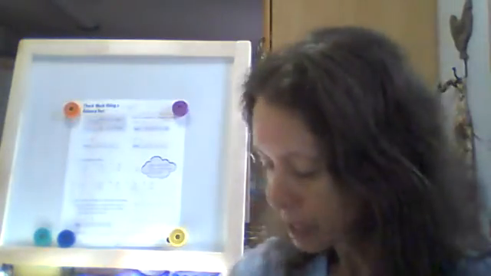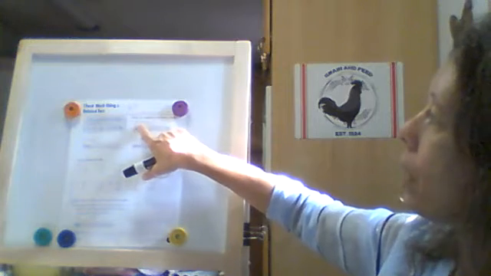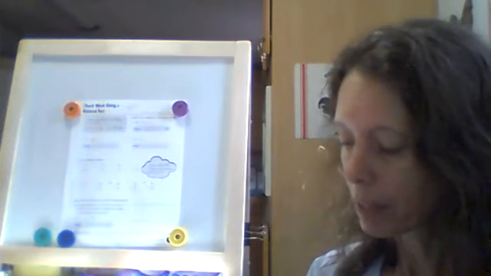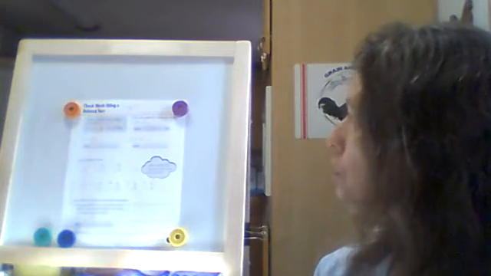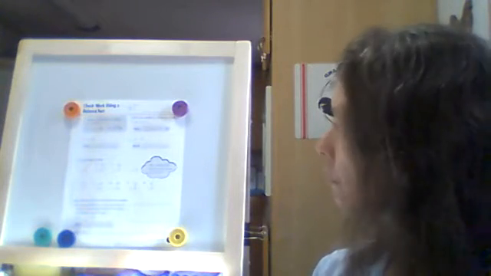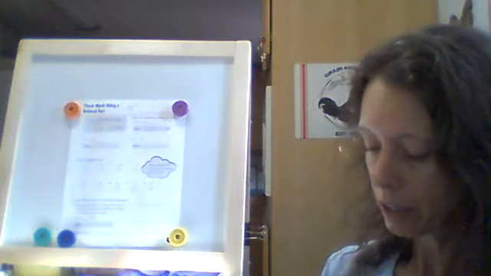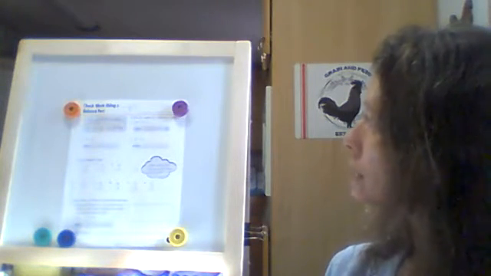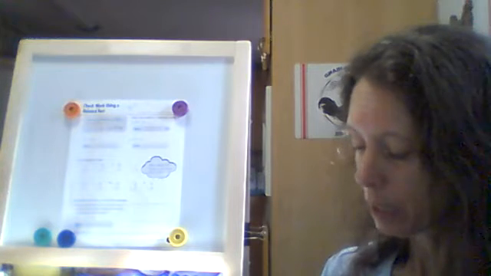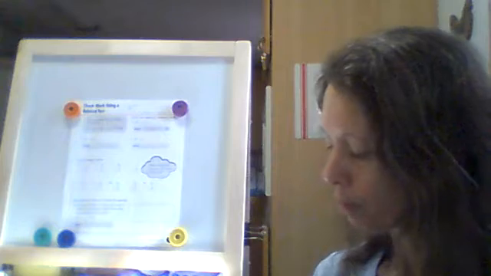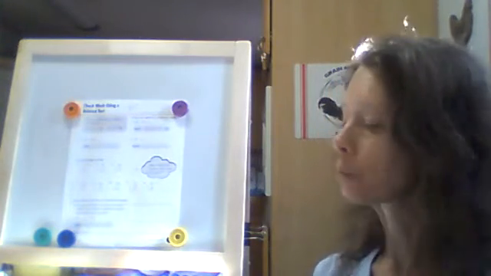So let's go up together and do number 1. Number 1 says 12 minus 4 equals blank. And then at the bottom it says check: blank plus blank equals 12. They've already done the work in there for you.